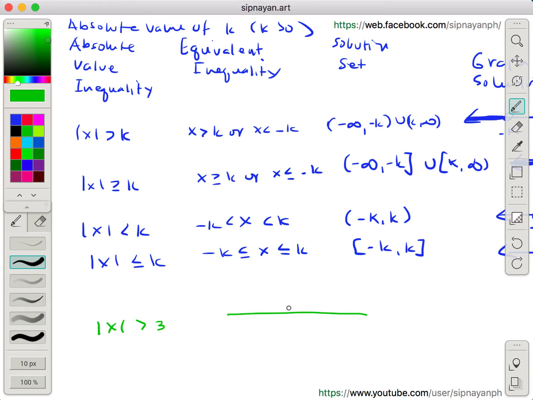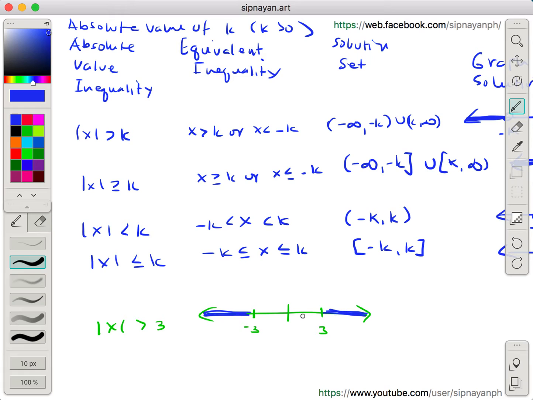In the first part of the series, we said that the absolute value of a number is its distance from 0. So which parts of the number line have a distance greater than 3 from 0? There are two: the numbers after 3, and the numbers before negative 3.